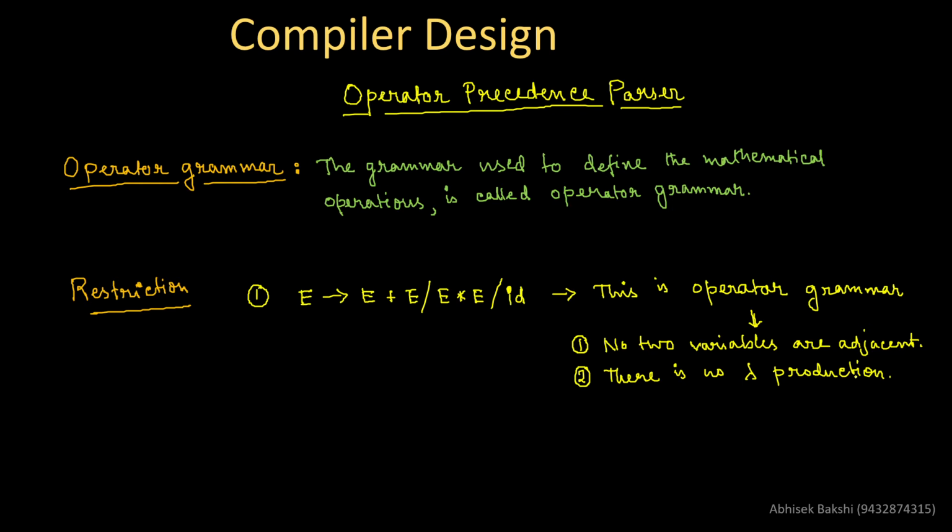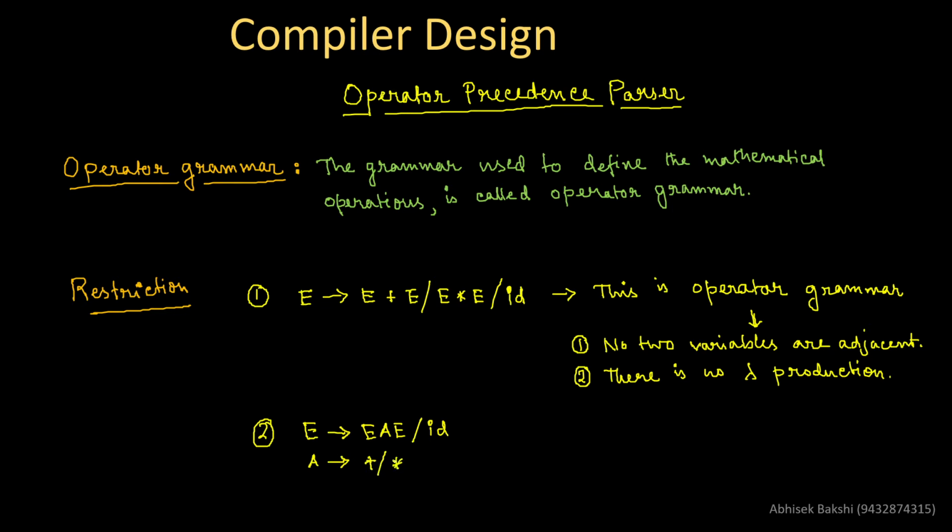So naturally, if I have a grammar something like this: E to E A E, or maybe ID, and now this A can be plus or star.